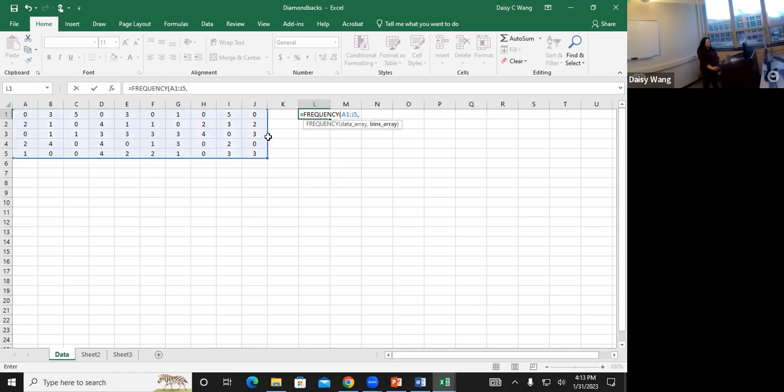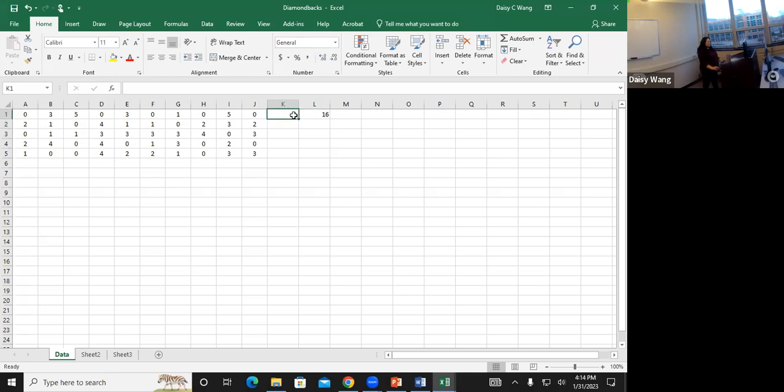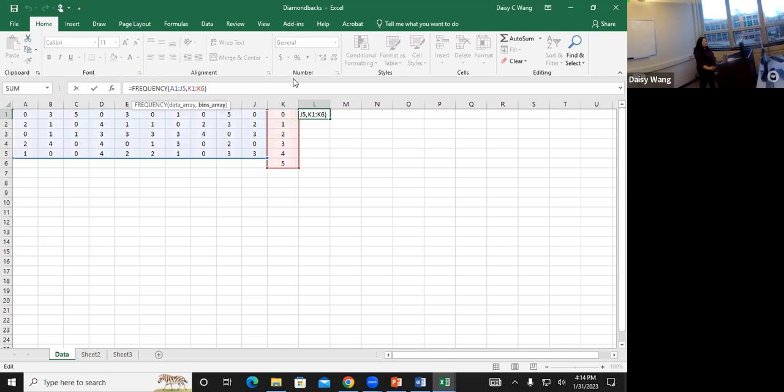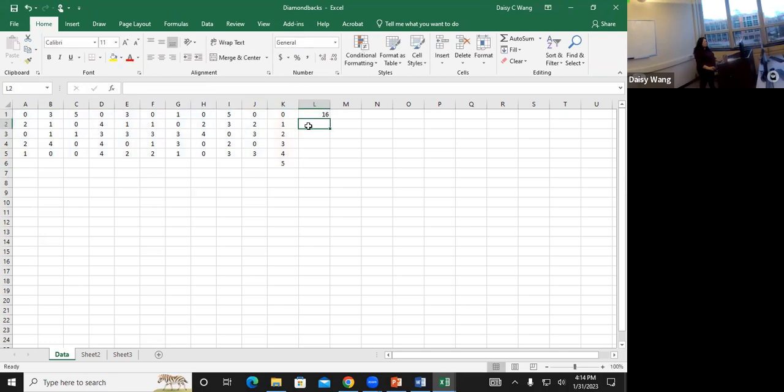And then comma, and I can select the bins here. I should put in some numbers, but I didn't. So wait, let me put in 0, 1, 2, 3, 4. Oh no, 5. Do it again. And then enter.